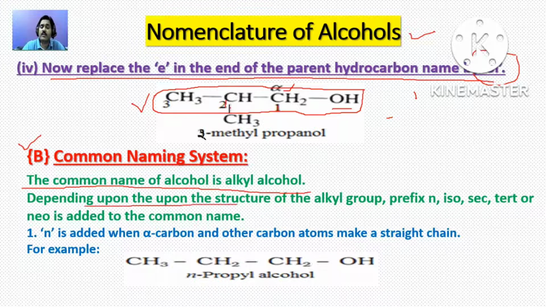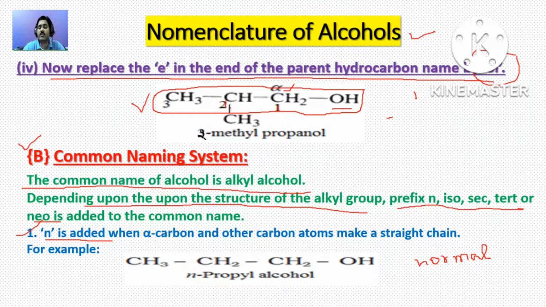Depending upon the structure of the alkyl group, we have to add the prefix n, iso, secondary, tertiary or neo. Number 1, n. N means normal. If a straight chain compound is there, it is called normal, and we use n as a prefix.